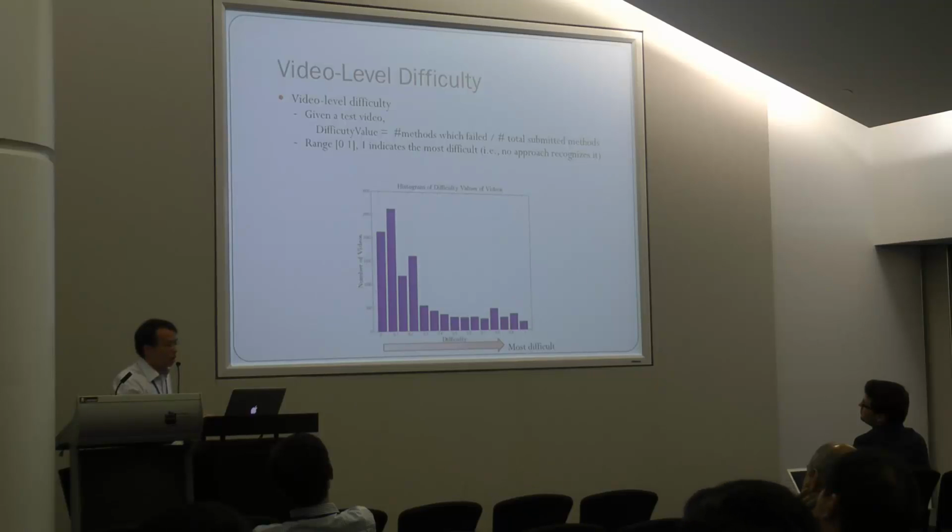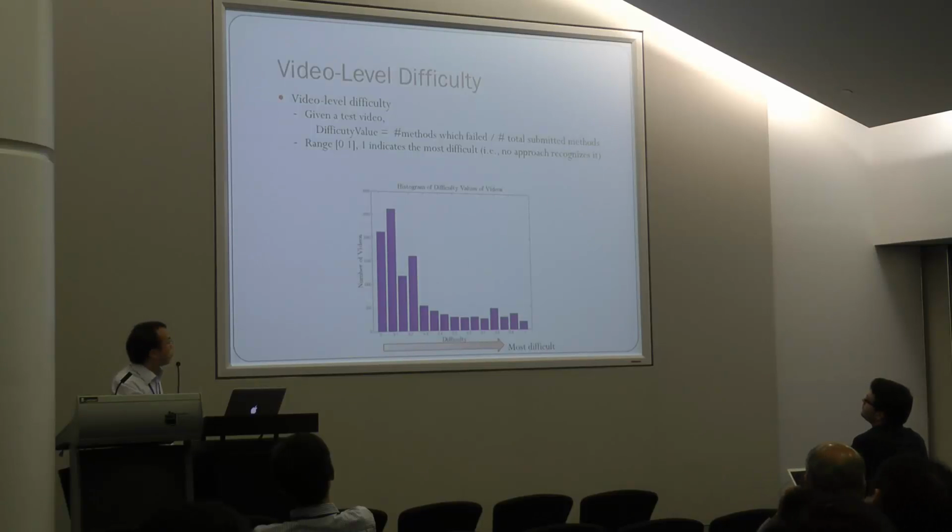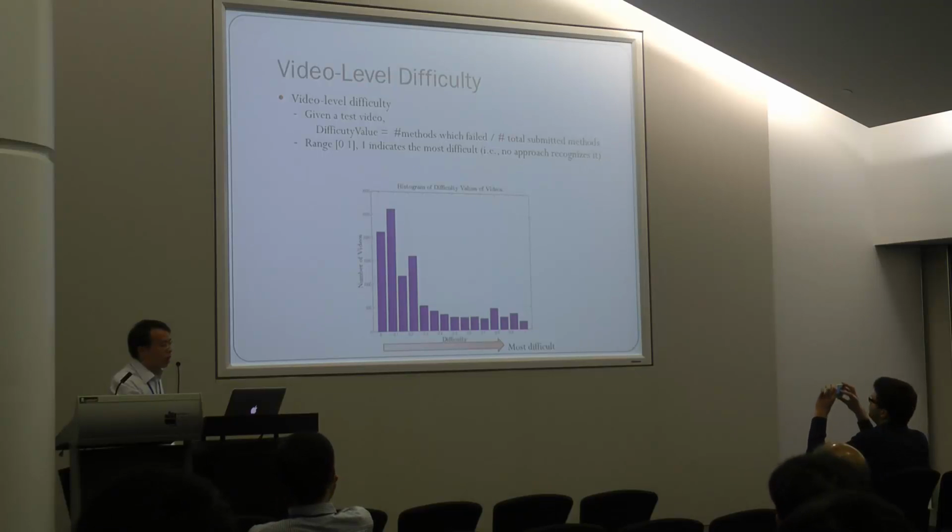The next one I'm going to show is the video-level difficulty. This is also a very interesting observation. We define the difficulty value as the number of methods which failed on this video divided by the total number of submitted methods. So the value for the difficulty is between 0 and 1, and 1 indicates the most difficult ones, which means no approach actually recognizes the video.